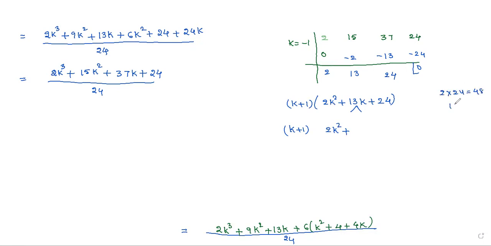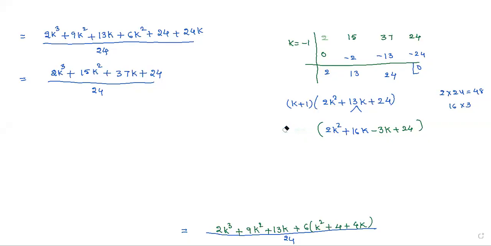So I will write 16k plus 3k, minus 3k, plus 24. Splitting the middle term is not possible.